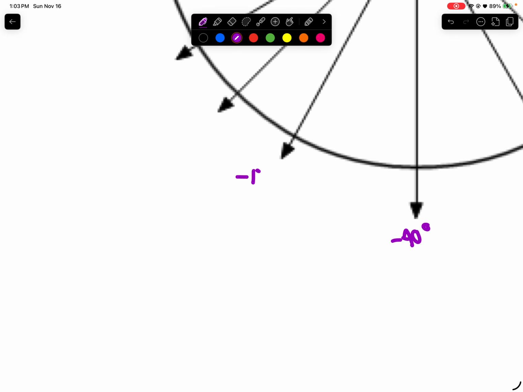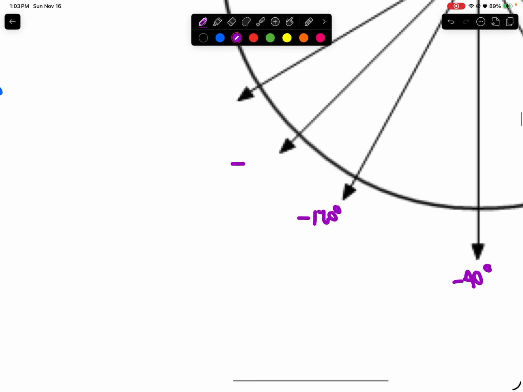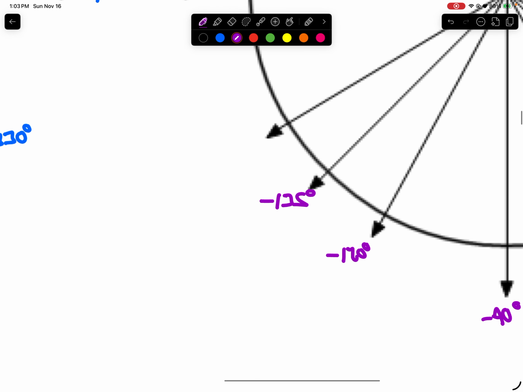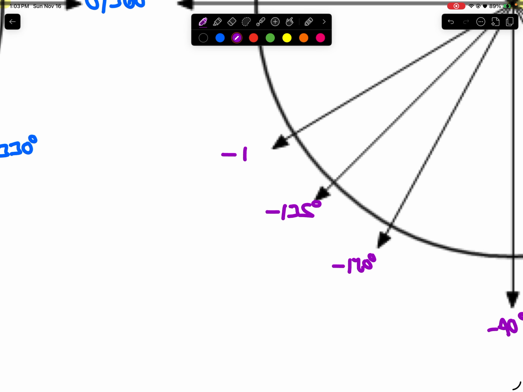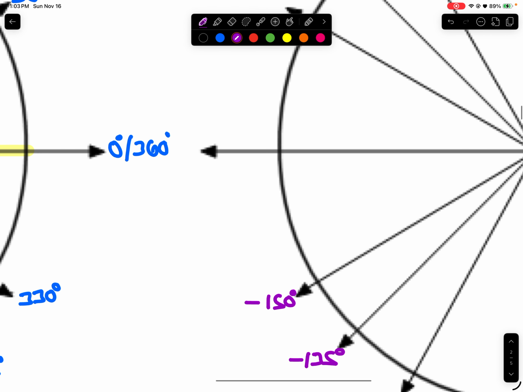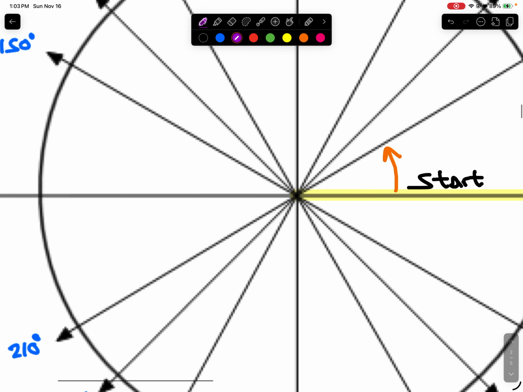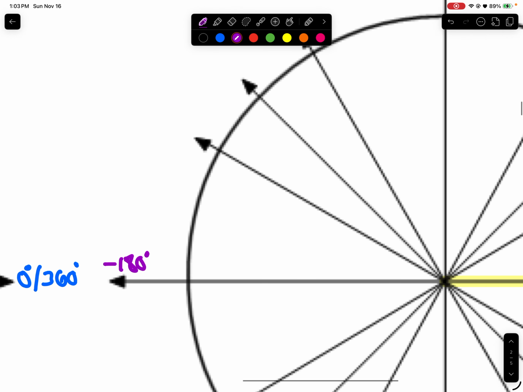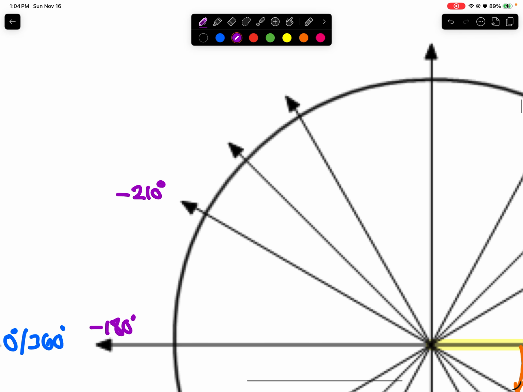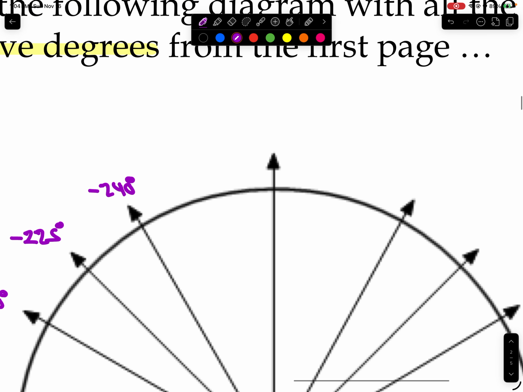Then negative 120, negative 135, negative 150, and then over here we're going to have negative 180 degrees, which is going to overlap and be the same as positive 180. Okay, and then as I keep going, this would be negative 210 degrees, then negative 225 degrees, negative 240 degrees, and then we're going to have negative 270 degrees on the positive y-axis.